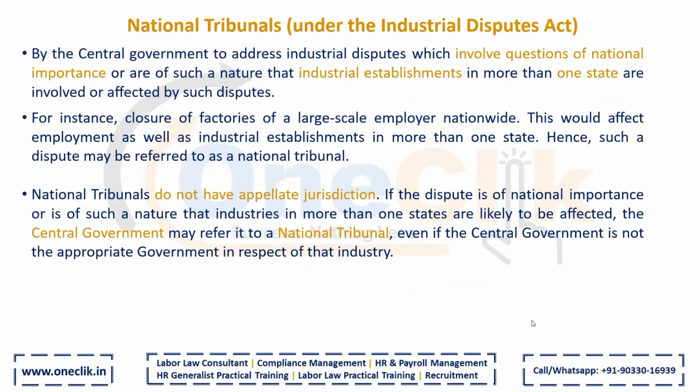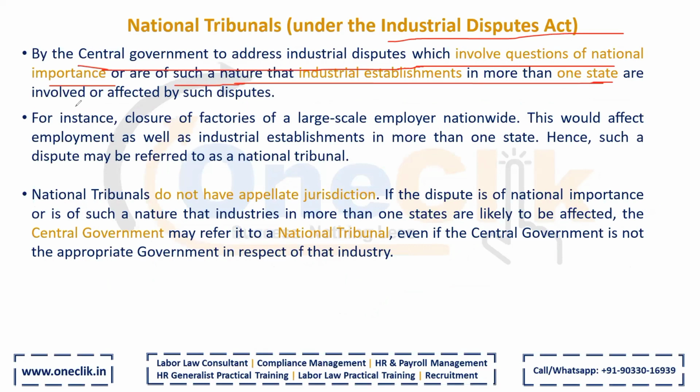Now, last, what is the national tribunal? Under the ID Act, it is constituted by the central government to address industrial disputes which involve questions of national importance, or of such a nature that industrial establishments in more than one state are involved or affected by such dispute.